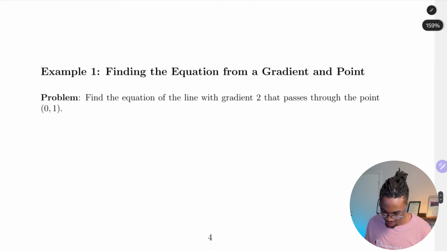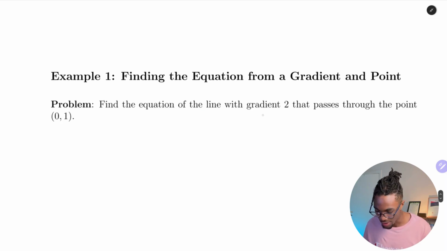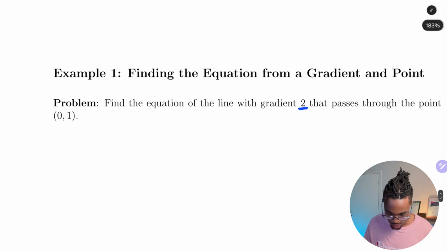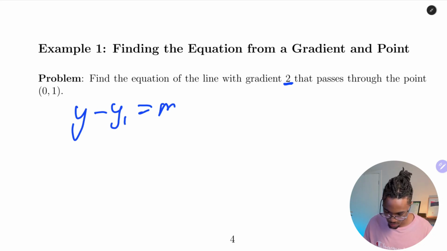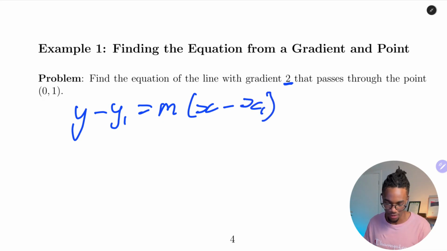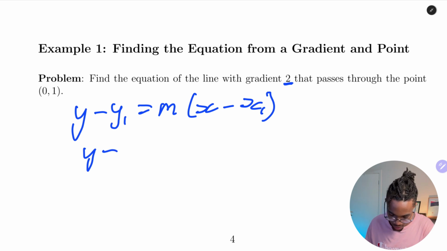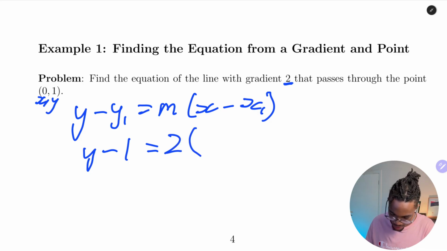So let's get into this example. Find the equation of a line with a gradient of 2 that passes through the point 0, 1. So if we have this formula, y minus y1 equals m times x minus x1, all we have to do is sub in the numbers. So y minus 1, because this is x and this is y, equals 2 times x minus x value, which is 0.